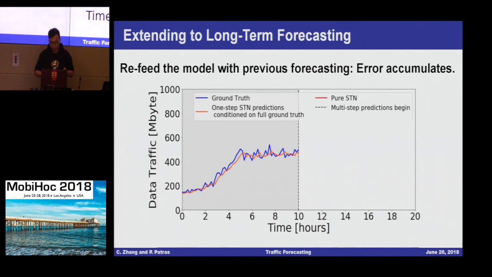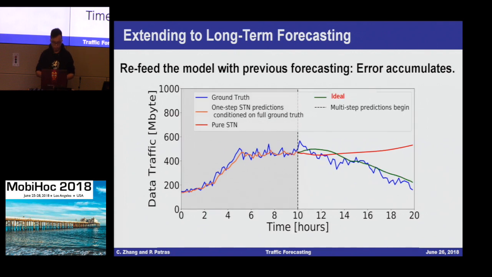The blue curve is the ground truth data, and before the dotted line, our LSTM is just doing one-step prediction, which has the ground truth available. So we can see that it actually follows the values in the ground truth data. But after this dotted line, we stop feeding it with the ground truth data, and it starts to rely on its earlier prediction. And we can see that once it cannot follow the ground truth data, it starts to deviate immediately, and finally the output is really bad.